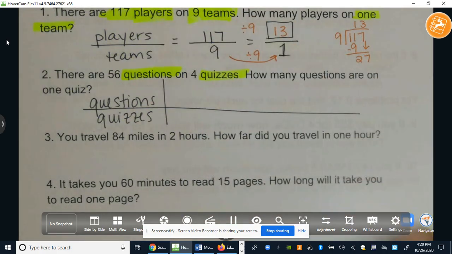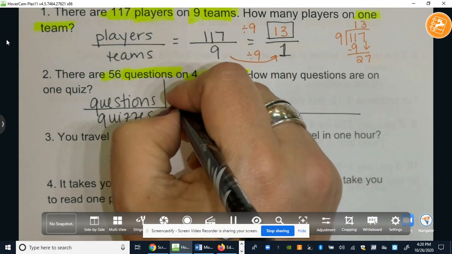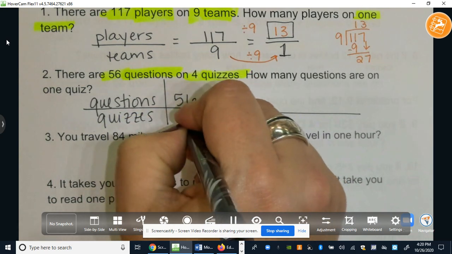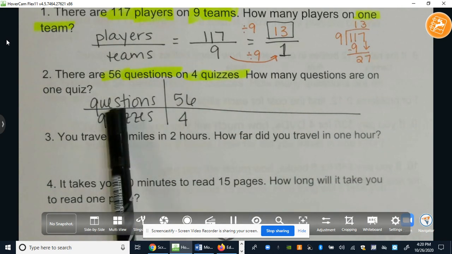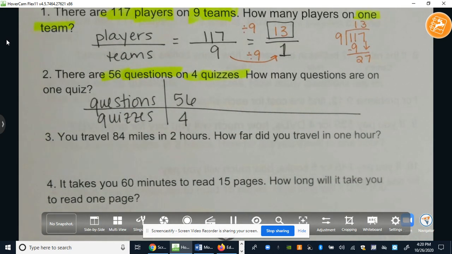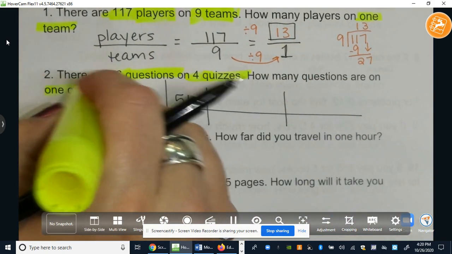Just like I asked myself up here, well, there's 56 questions on 4 quizzes. 4 represents quizzes, 4 is down here, 56 represents questions, questions is up here. Now, I need to get to 1 quiz.